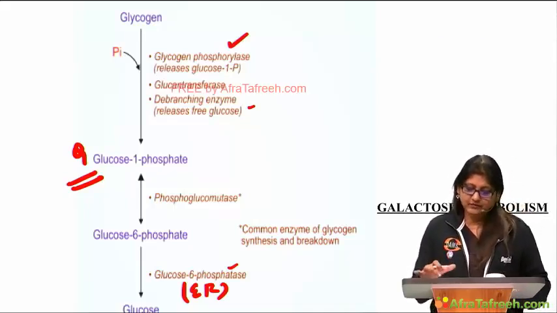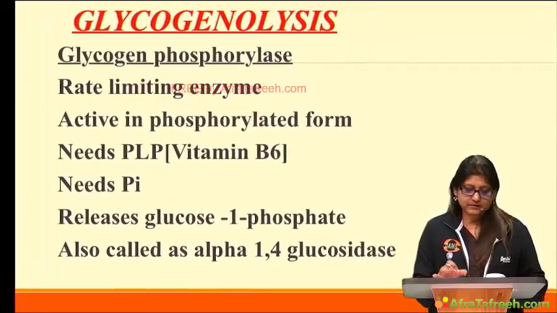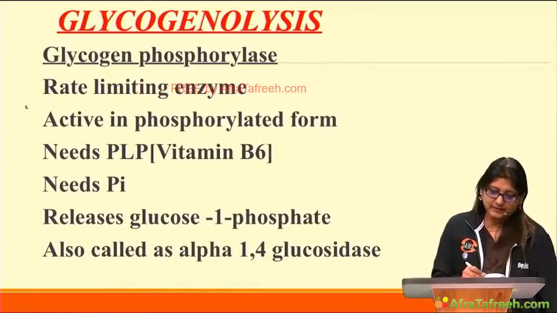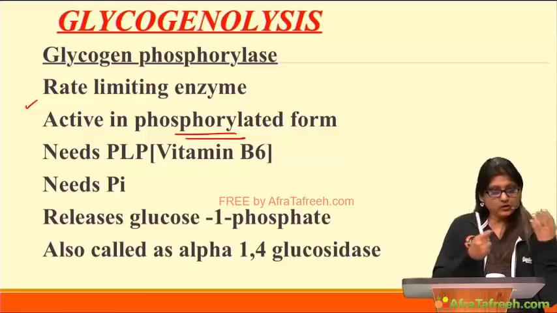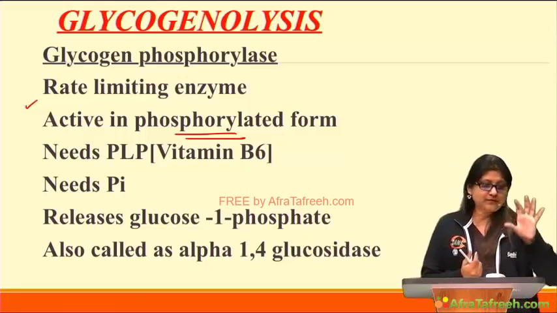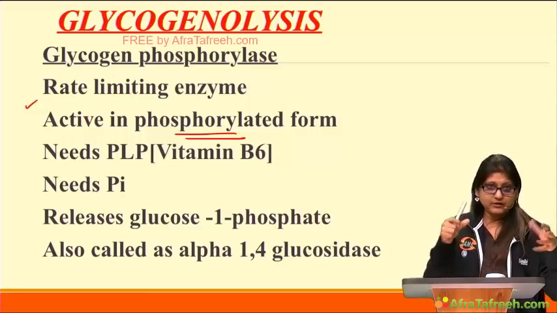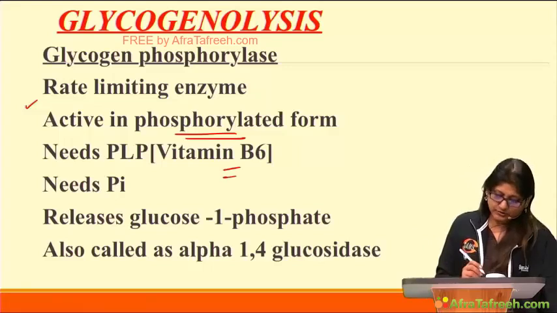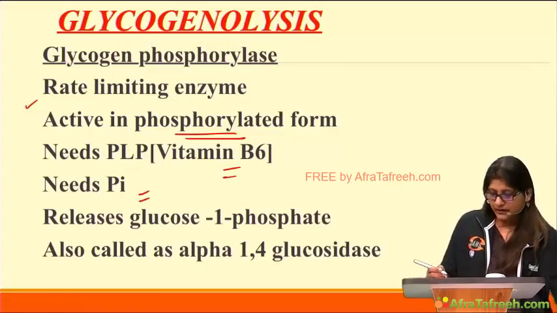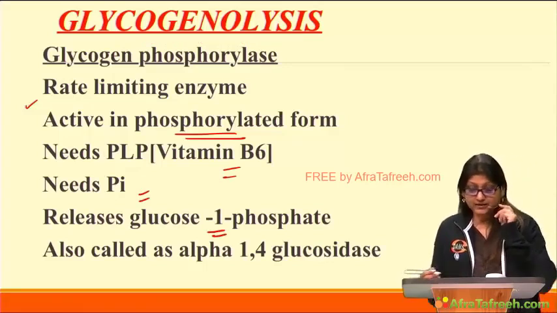So it is there in the workbook, and make certain notes in the workbook like these: glycogen phosphorylase acting as a rate limiting enzyme, and this is active in the phosphorylated form. Again, the contra-regulation you see: the synthesis of glycogen needs dephosphorylation, the breakdown of glycogen needs phosphorylation. Yes, vitamin B6 is needed for glycogen breakdown, inorganic phosphate is needed for glycogen breakdown, and this glycogen breakdown releases glucose 1-phosphate as the immediate product.